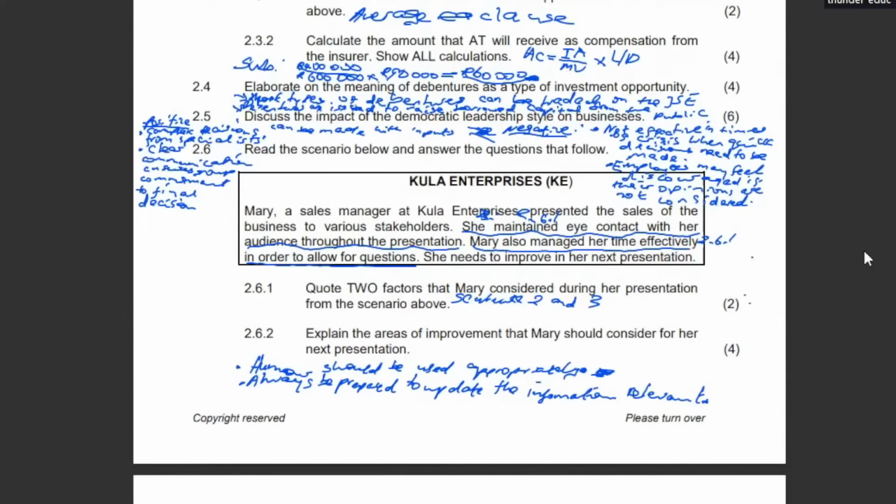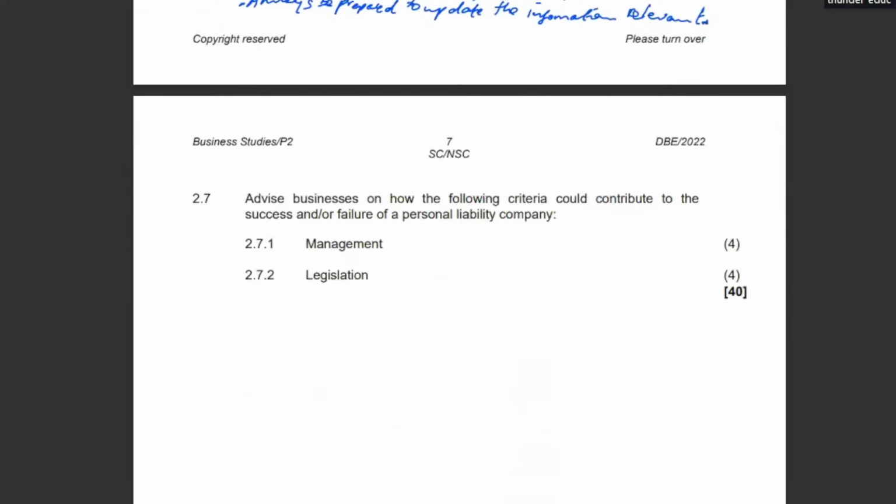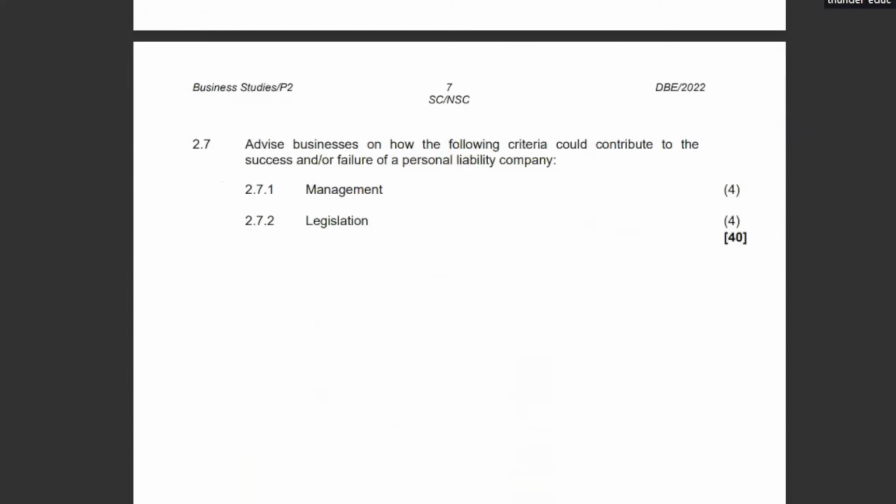Okay, grade 12s, 2 marks. For the second point, remember the first point also 2 marks, meaning all in all now you have scored 4 marks. So now let's quickly jump on to 2.7, and 2.7 reads as follows.